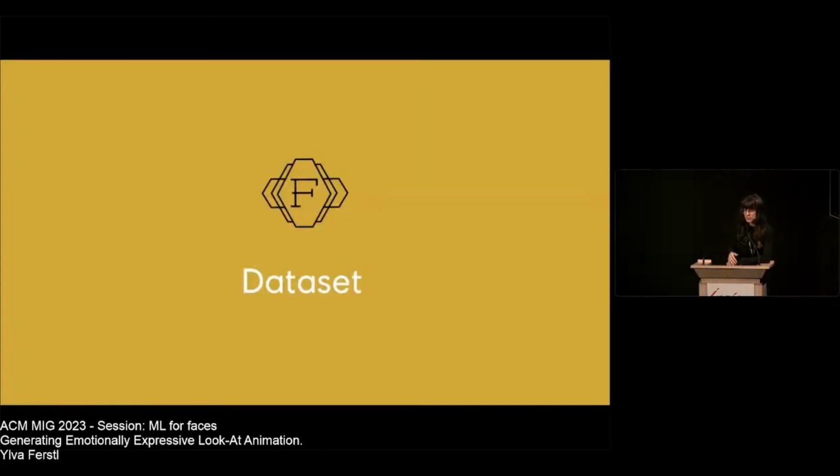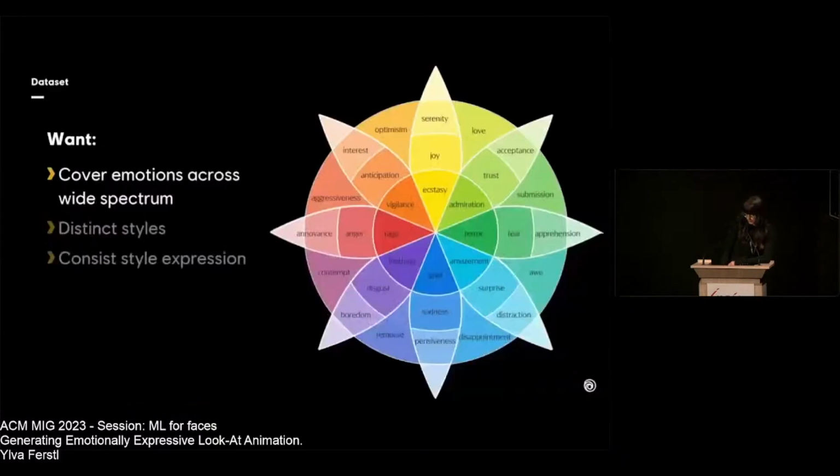As there was no previous work, there was also no previous data set that we could use. So we recorded our own data set to train for this purpose. First, since we wanted to model different emotional styles, we had to select different emotions that we wanted to model. For that, we were first inspired by Plutchik's wheel of emotion, and then in discussion with an animation expert, selected specific styles.